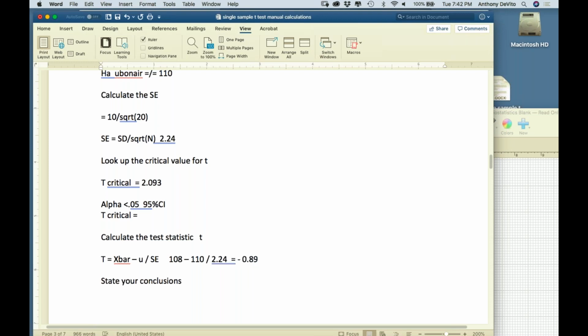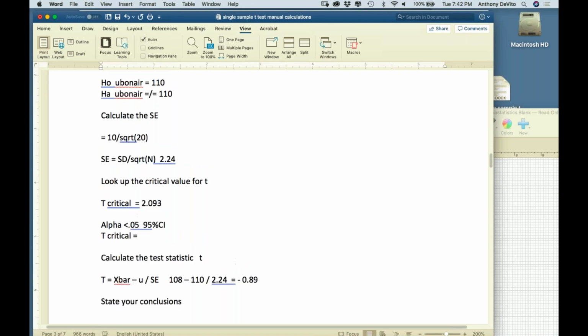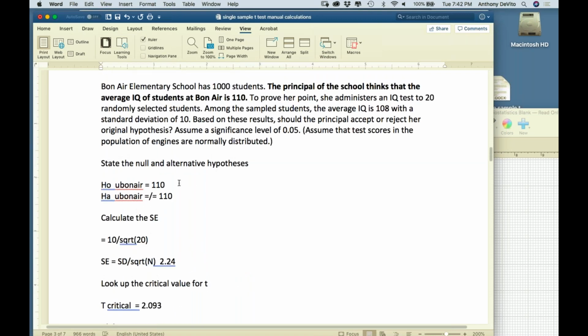So since we haven't exceeded t critical, what can we say about our hypothesis? No, we don't reject it. You fail to reject. You don't say you accept it. You say you fail to reject. Yeah, I know it sounds semantic, right?